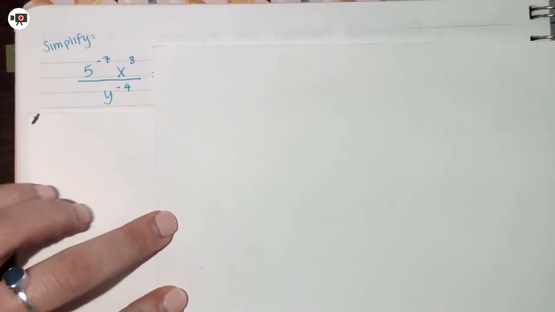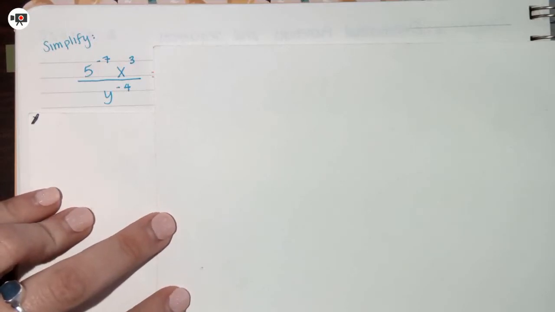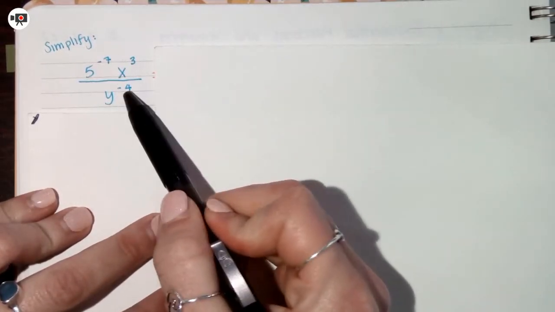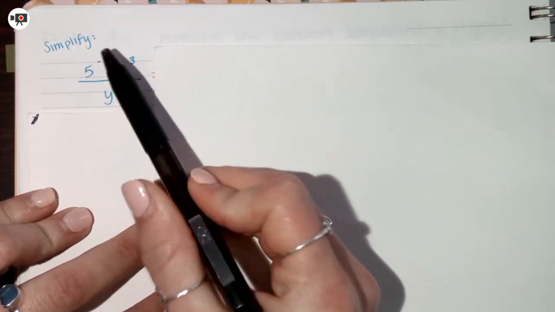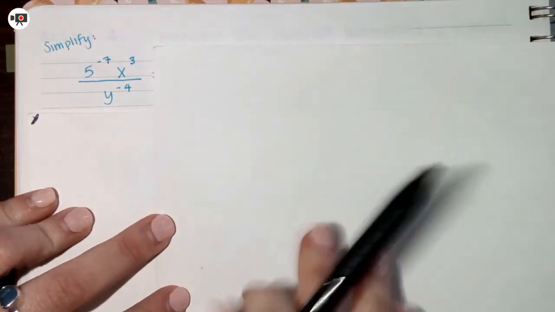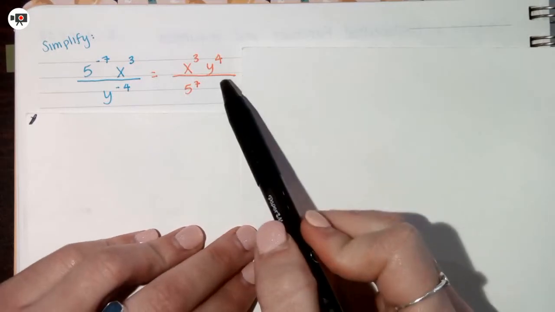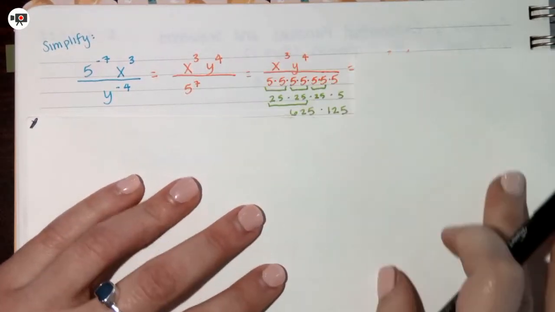We're still simplifying, just doing a few more. 5 to the negative 7th power times x to the 3rd over y to the negative 4th power. My 5 has a negative exponent and y has a negative exponent. So this 5 term will move to the denominator, and my y term will move to the numerator. Now they're all positive, and I can simplify 5 to the 7th power.